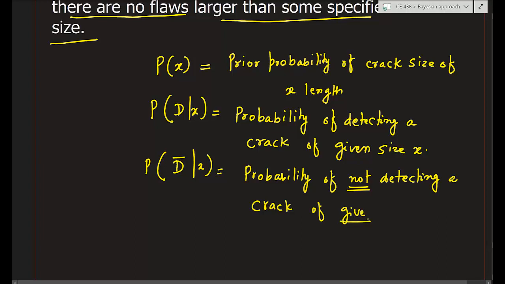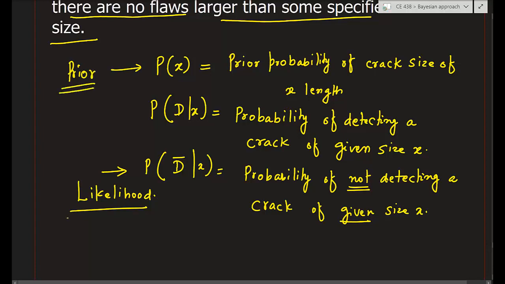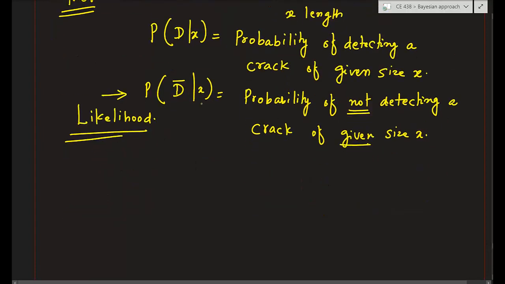This is conditioned on size x, so this is basically my likelihood. And this is my prior. You see, the measurement point is given in this case. So data is given, and that's why this is the likelihood.